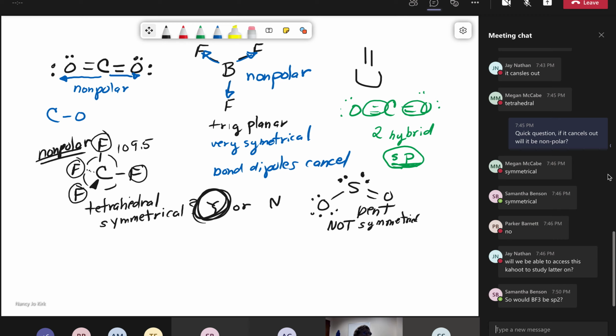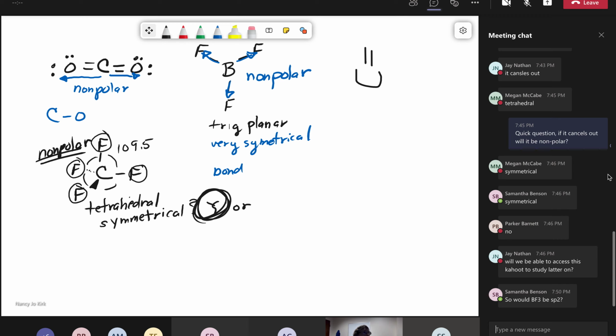BF3 that we have right here, it has 1, 2, 3 hybrid orbitals. It needs 3 of them, so it needs to be made up of 3 atomic orbitals. So sp2 is made up of 3 orbitals, 1 s and 2 p.